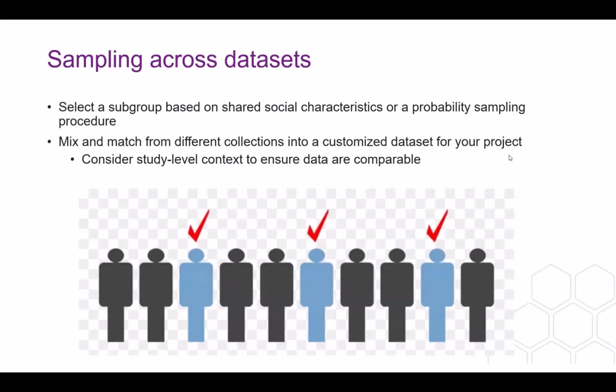If you are, for example, looking at a specific subgroup and there is some shared social characteristic with another data set, there might be scope to mix and match there. But that does come with a caveat, because you need to make sure those collections are comparable to each other.